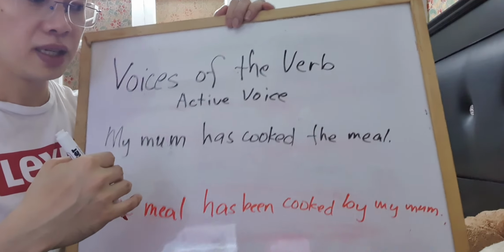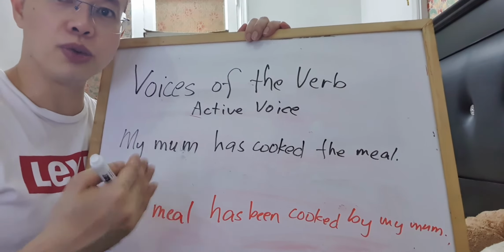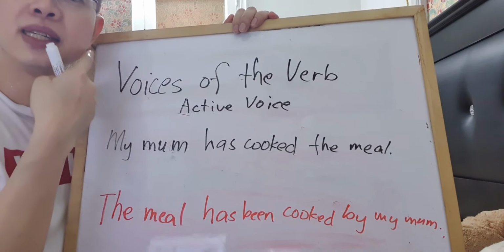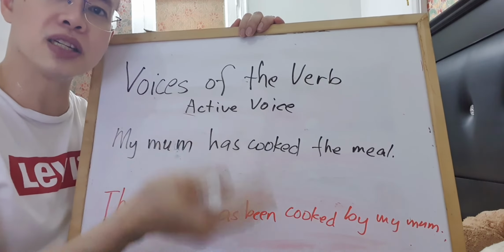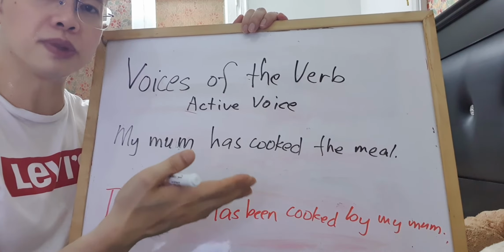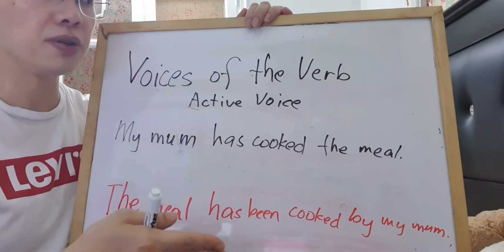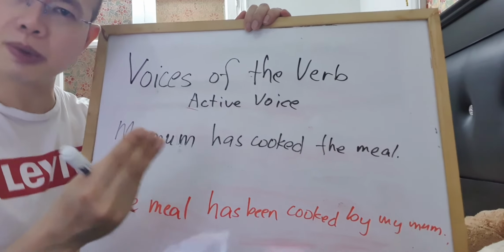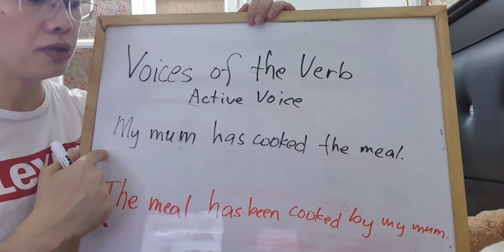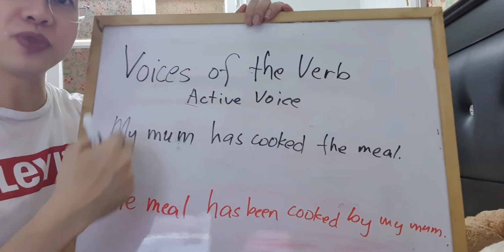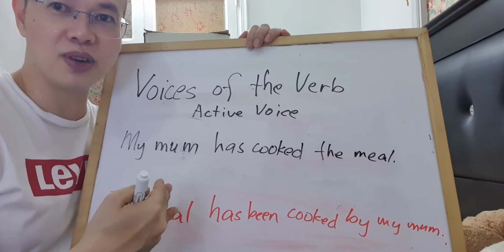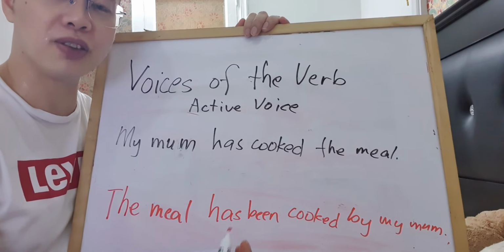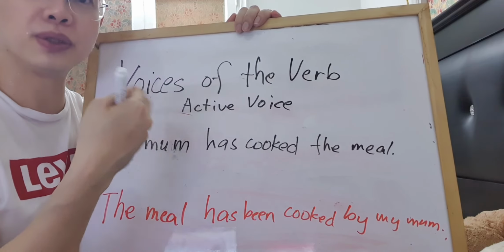In our next video, I'll be using more tenses that we haven't used this time, like say past perfect, past continuous, present continuous, future simple, and the like. And also the next part will probably be about how to change passive to active. This time you know how to change active to passive. Next video you'll be learning how to change passive to active.